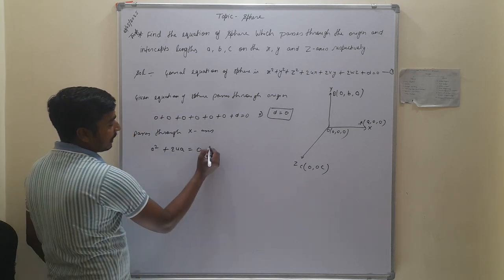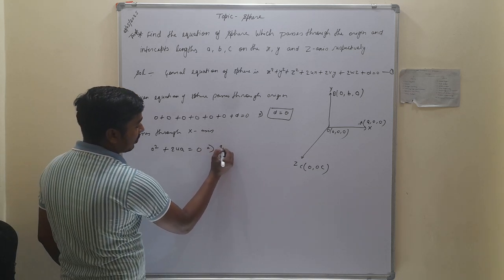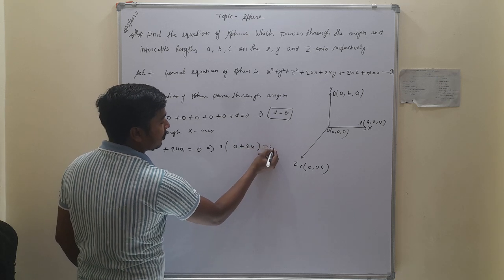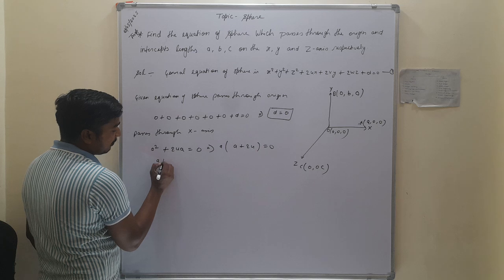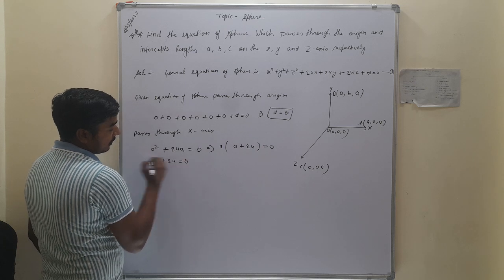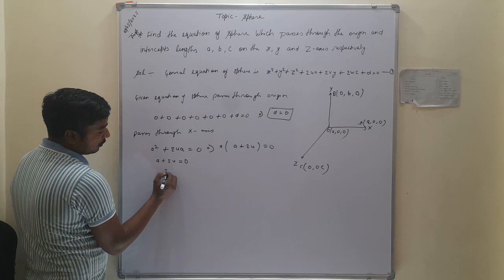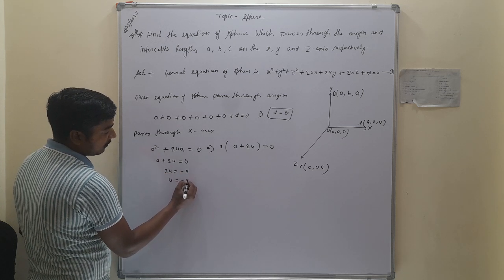Taking a common, we get a times a plus 2u is equal to 0. Dividing by a, we get a plus 2u is equal to 0, so 2u is equal to minus a and u is equal to minus a by 2.